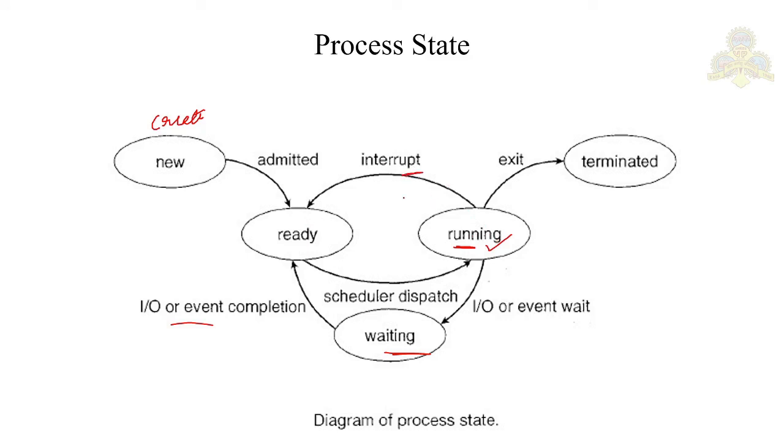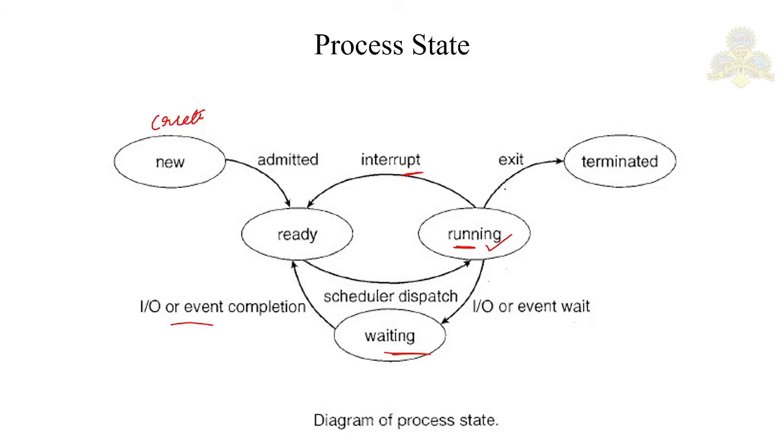This can happen whenever you have an interrupt. Whenever you have an interrupt, the process which is in the running state can move back to the ready state. And once that interrupt has been handled, that process can be picked up again and executed.